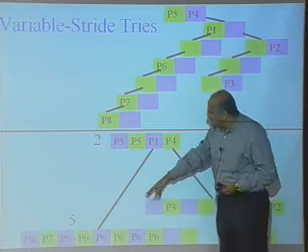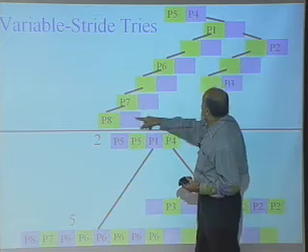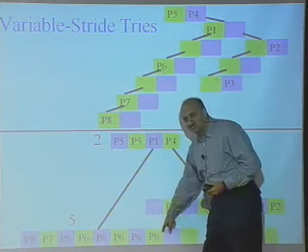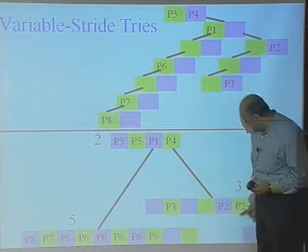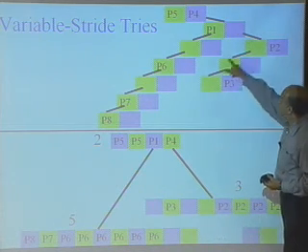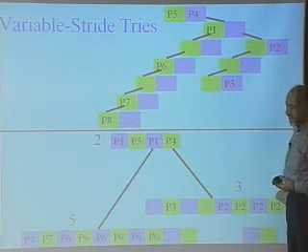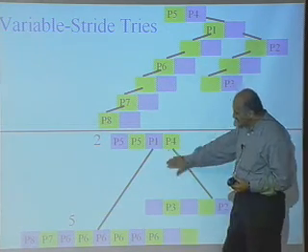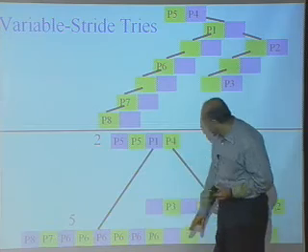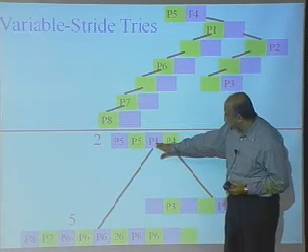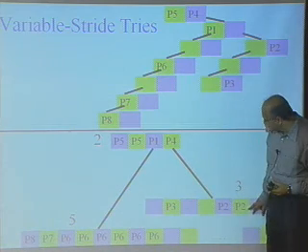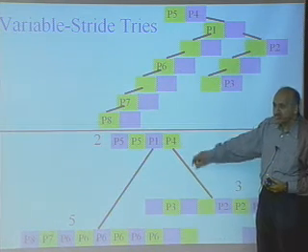Then on this side, I got 5 bits, so I'm going to cover all 5 of these levels. Are going to be mapped into this fellow. And here I've got 3 bits, so I'm going to cover these 3 fellows. Okay. Another way to look at it is prefixes of length 2, prefixes of length 7, provided they begin with 1, 0. Okay. And then prefixes of length 5, provided they begin with 1, 1.